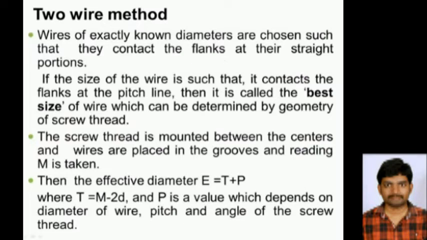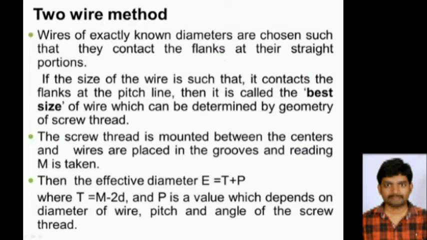When we subtract twice the wire diameter from M, we get T. Then we can calculate the effective diameter using E equal to T plus P, where P depends on the diameter of wire, pitch of screw thread, and angle of screw thread.